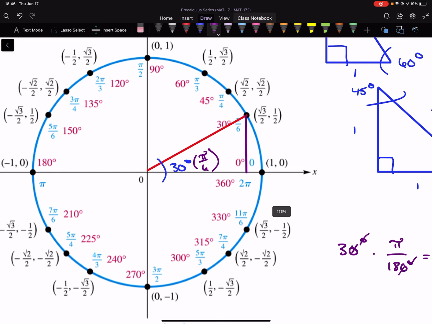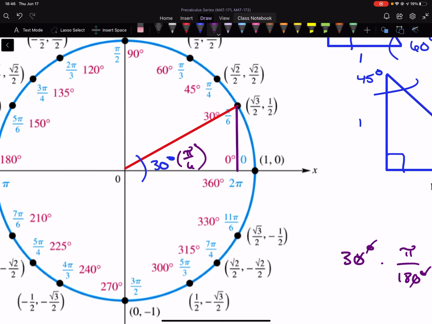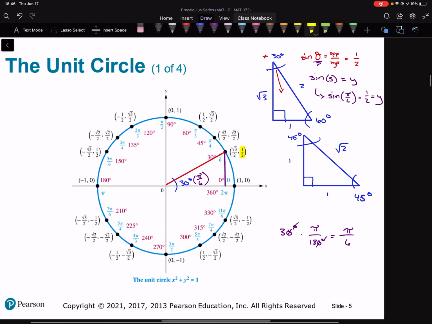And that's why at the 30-degree mark here, we can see we have a y coordinate of 1/2. All right. So these circular functions help us determine each of the ordered pairs around the different major points in the unit circle. All right. So that's the 1/2.